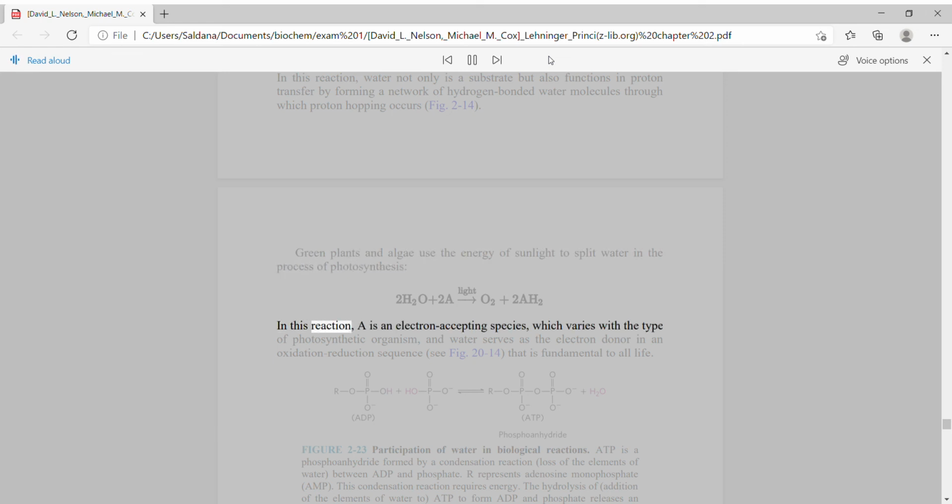In this reaction, A is an electron-accepting species, which varies with the type of photosynthetic organism, and water serves as the electron donor in an oxidation-reduction sequence, see Fig. 20-14, that is fundamental to all life. Figure 2-23: Participation of water in biological reactions. ATP is a phosphoanhydride formed by a condensation reaction, loss of the elements of water.